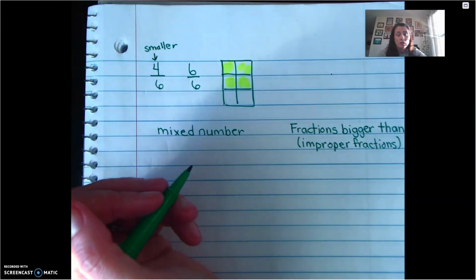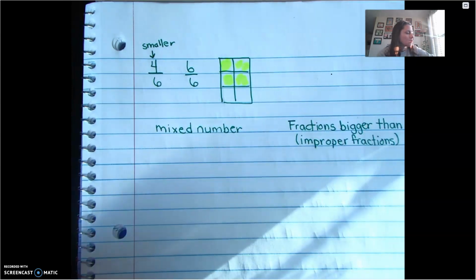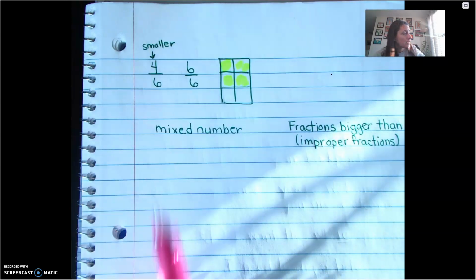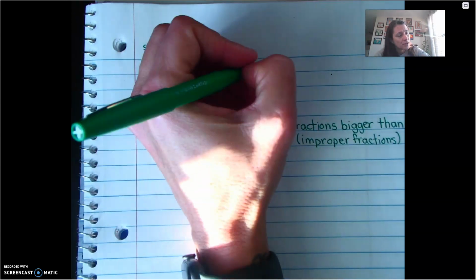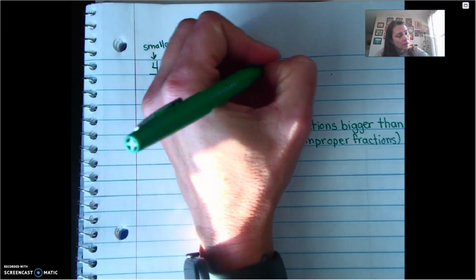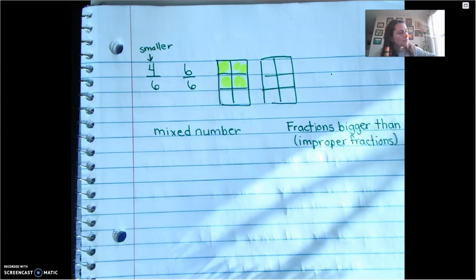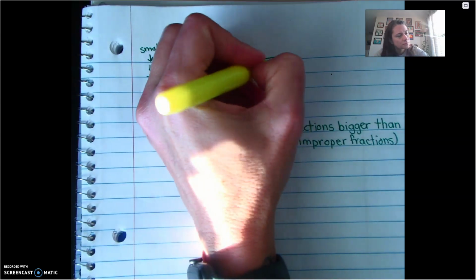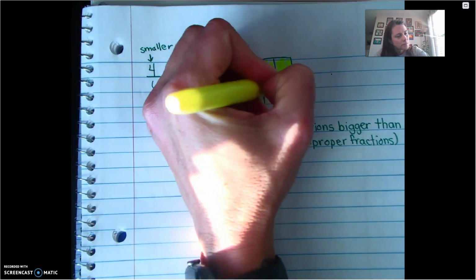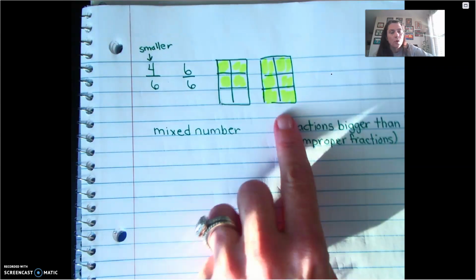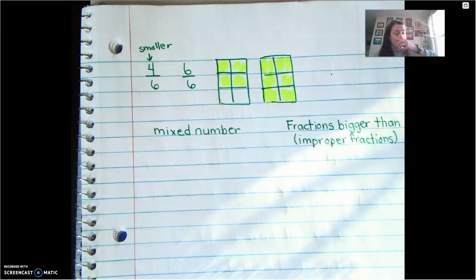Okay, let me show you what that looks like. I'm going to do it with a picture. I'm going to color in our 6 out of 6. So if I'm thinking of candy bars, that means I have 1 whole candy bar and part of a candy bar.